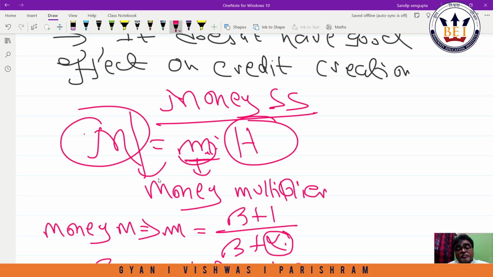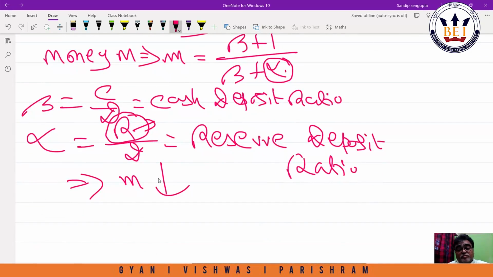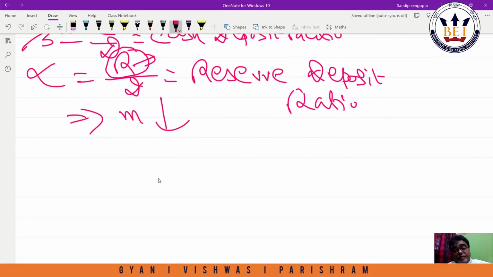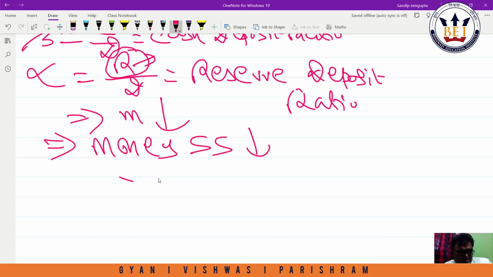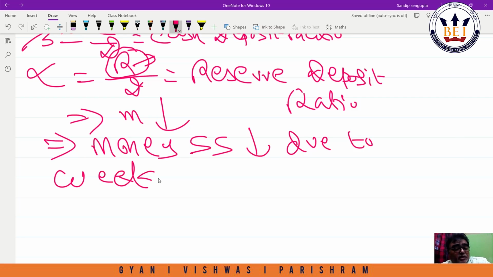My answer is: excess reserve implies the value of the credit multiplier will decrease, as well as total money supply will decrease due to a weak money multiplier.